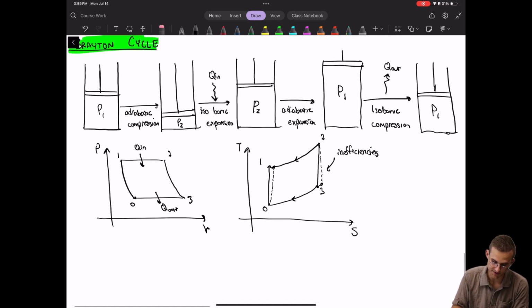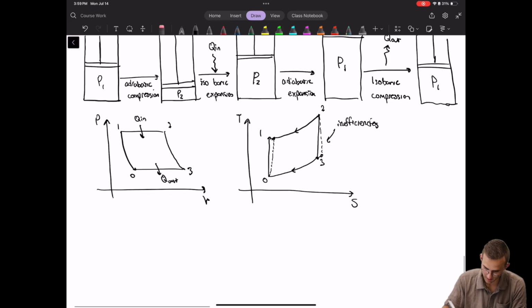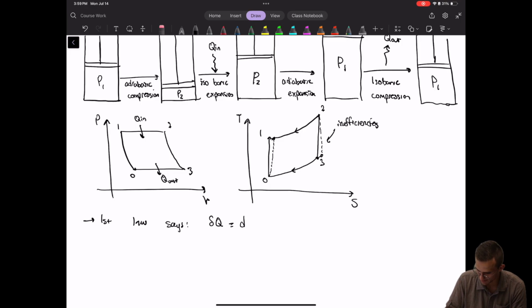Let's talk about the efficiency. So we still have, of course, that the work is equal to Q in minus Q out. The first law says that our heat change is equal to dU plus P dV, which can be rewritten as dH minus V dP, right?